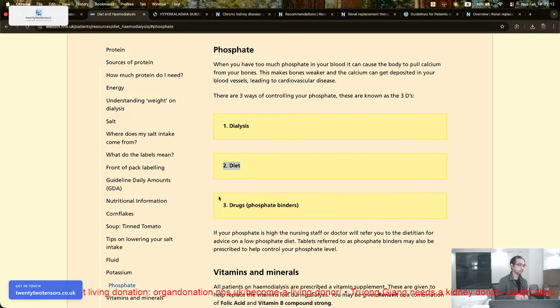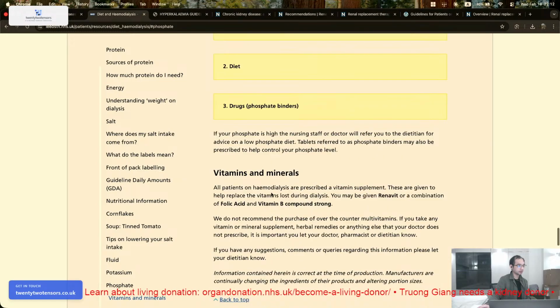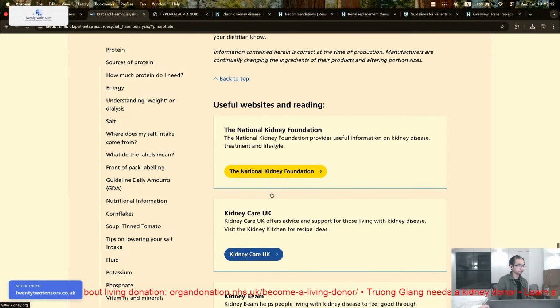So high phosphate is not good, but you always need some form of phosphate, like in meat, fish, or any kind of protein. So you had better follow your doctor about mineral control.